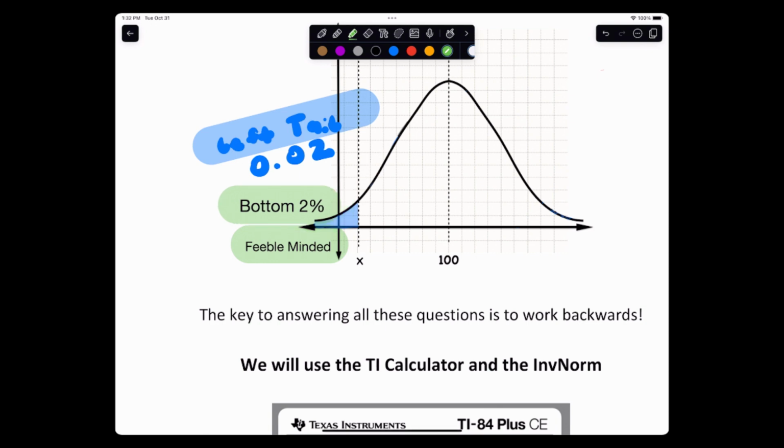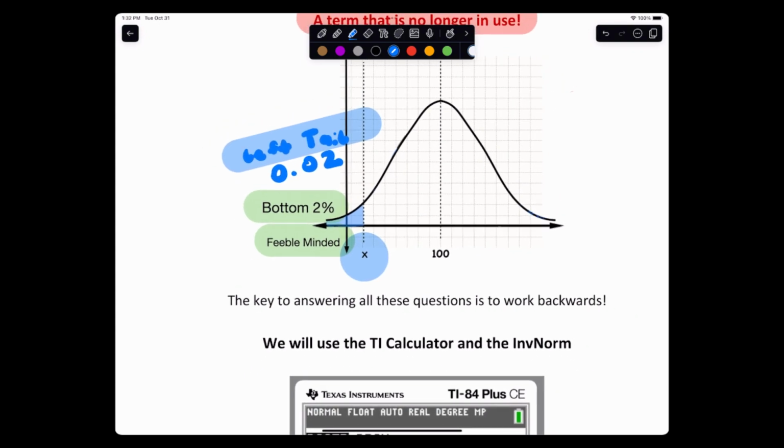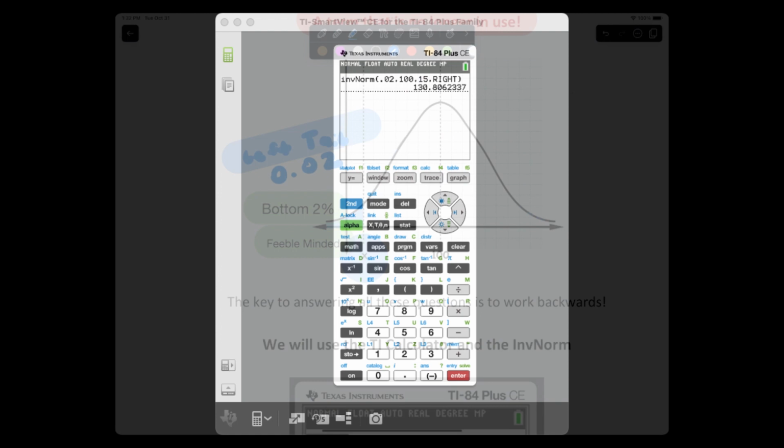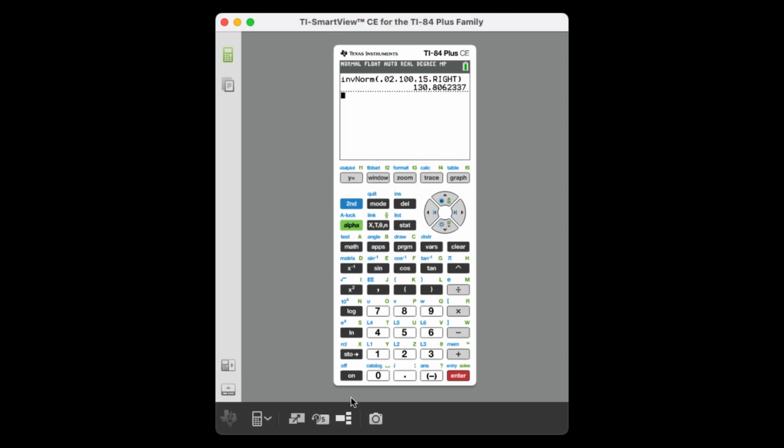Okay, they want to know, what IQ score do you need? What's the value of X, right? So you might say, Mr. Judge, how do I do this? Well, go to your TI now. You're going to go to the inverse norm key again. So you hit your distribution, second distribution, inverse norm. You get your 2%, and then mean is 100, standard deviation is 15.